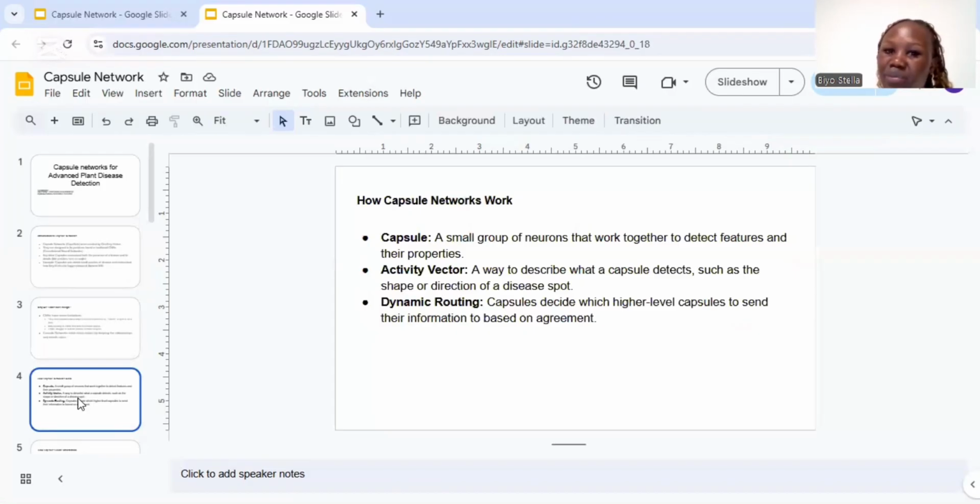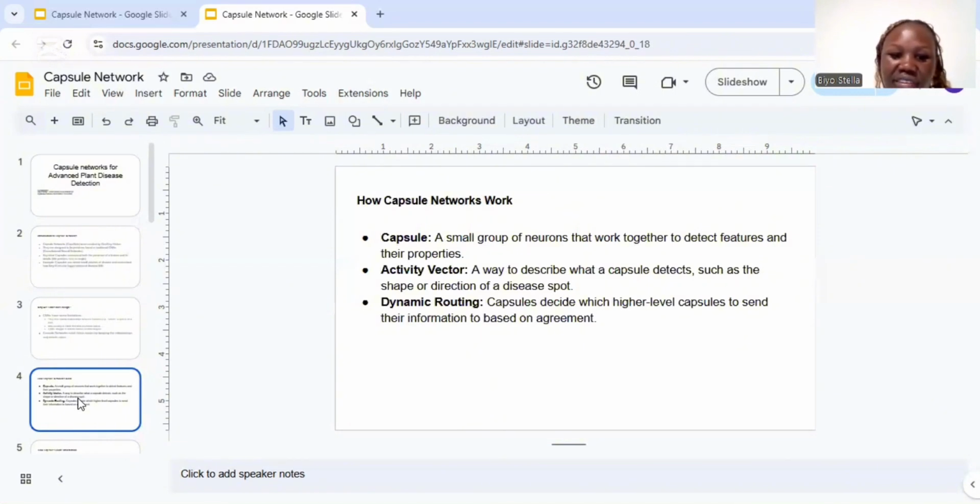How does this capsule network work? A capsule is basically like a small team of neurons. Each capsule detects a feature, like a spot, and stores its details in an activity vector.